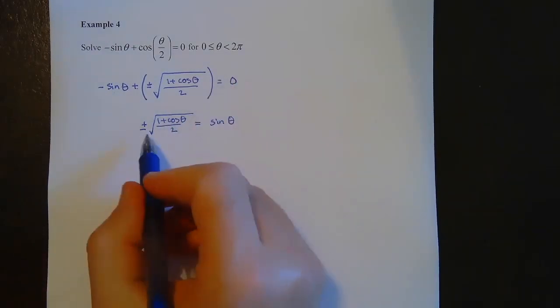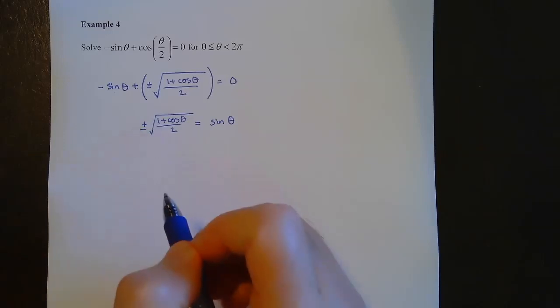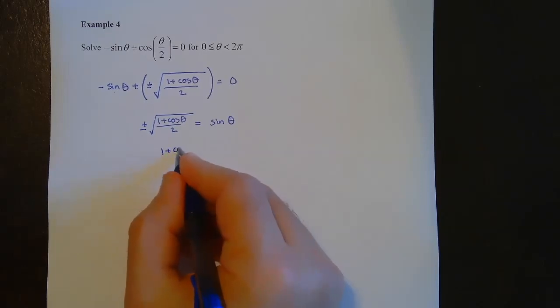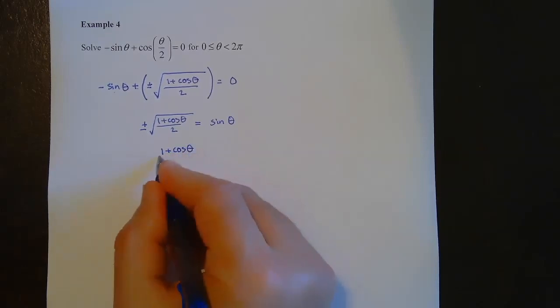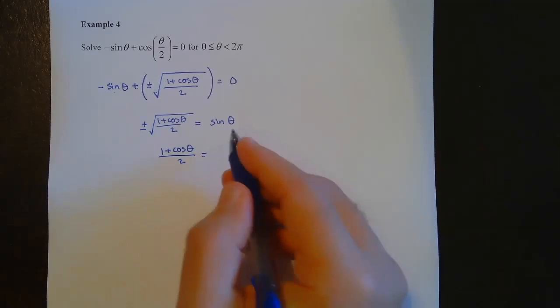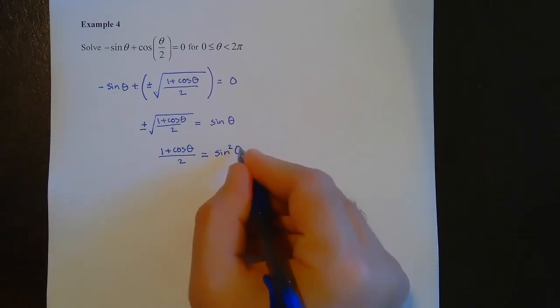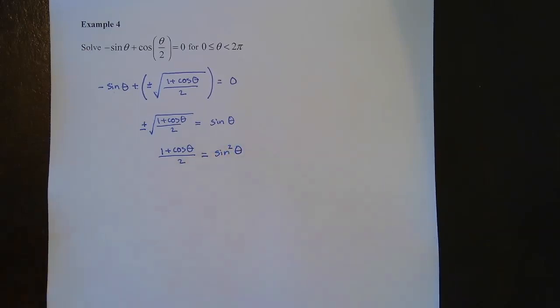And if I square this side, I'm going to get positive, and I'm also going to get rid of the square root. I'm just going to be left with 1 plus cosine of theta over 2 is equal to sine squared theta, right? Now there's still a problem here.